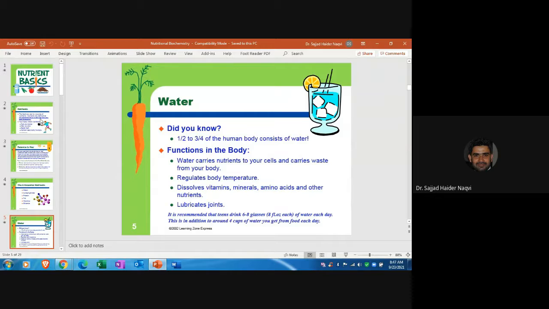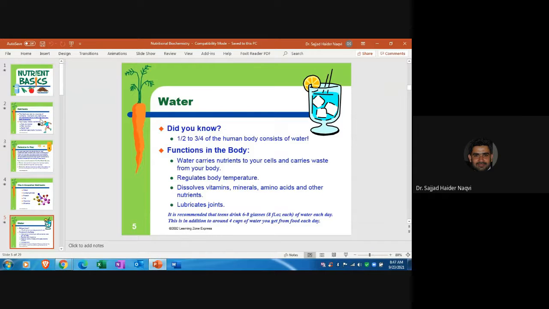Water is also important in the regulation of body temperature, especially when it comes to warm-blooded animals. They regulate their body temperature according to the environment, and water plays a key role in this maintenance of body temperature.